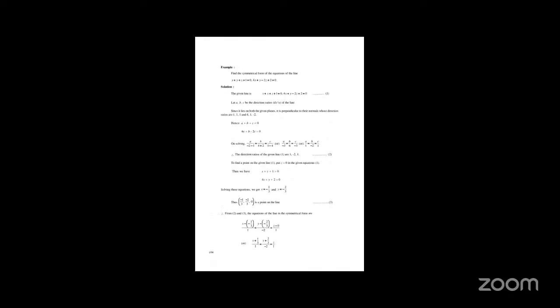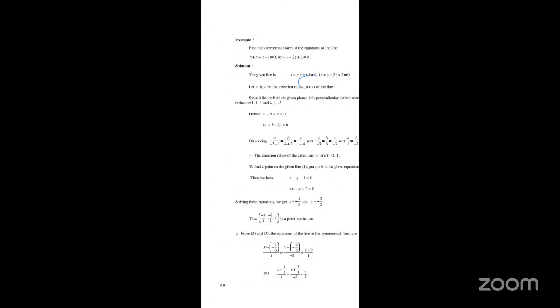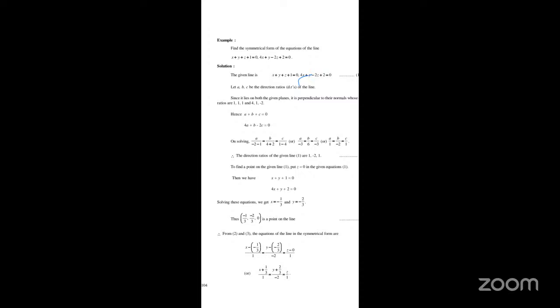See, given the unsymmetrical form, find the symmetrical form of the line. So this is the plane, and here also a plane.